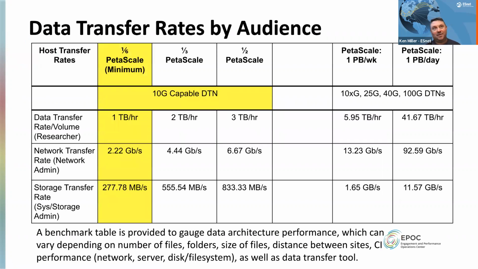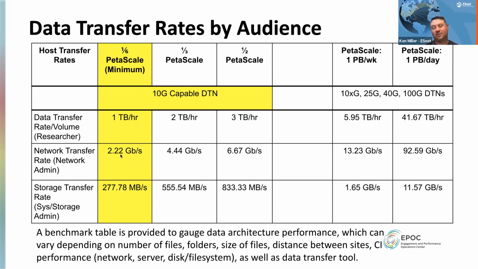One thing, we'll start off with the baseline, what we're looking to go after here. This is really the last slide at the beginning, just to level set what we'd like to be able to see across the campus network, from the Science DMZ, or if something is behind an enterprise firewall or something like that. We'd like to see a minimum of this 2.2 gigabits per second data rate across the network for data transfers.